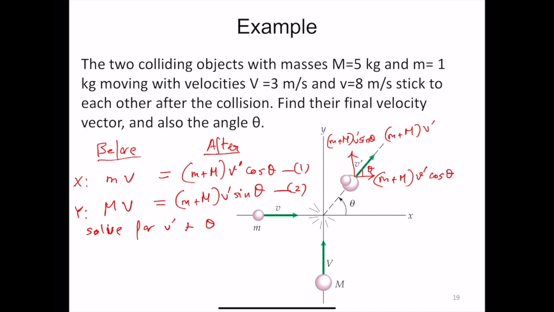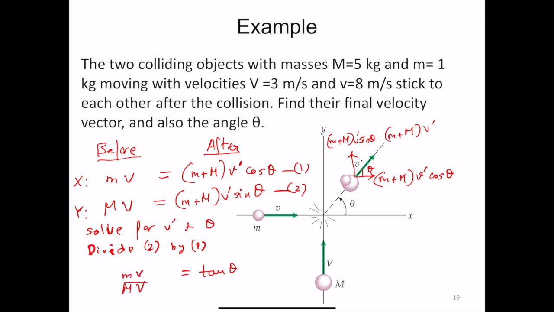The easiest way to solve for theta is to divide the second equation by the first equation. Divide the right sides, and divide the left sides. On the right side, everything cancels out and you're just left with tan theta. On the left side, you're left with capital M capital V over little m little v.